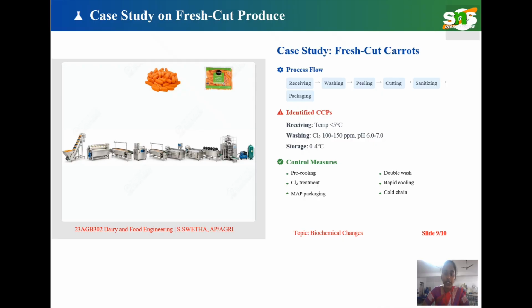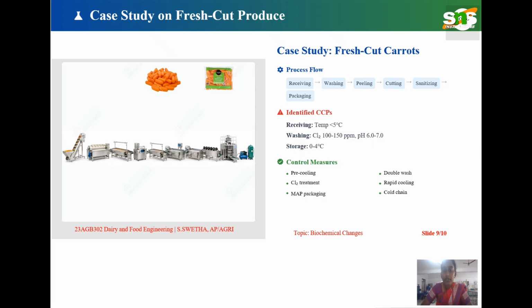In this slide, we are going to discuss a case study on fresh-cut produce. Here I mentioned one process flow. Once the raw material is received in the cold storage of the processing unit, the process is as follows: receiving, washing, peeling, cutting, sanitizing, and packaging.